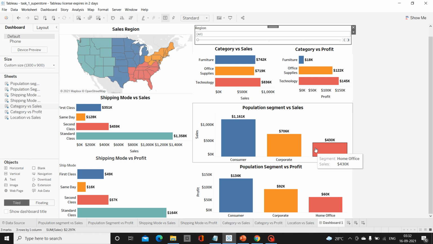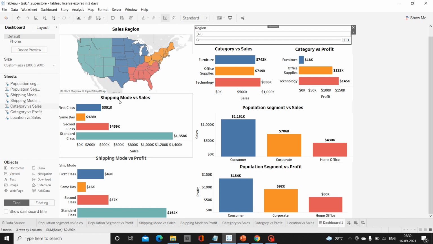So this is one of the problems, and we need to find the reason why the home office segment contributes the lowest. By solving that problem, we can increase the sales of the home office segment, which would help us increase its profit, helping us improve the overall profit earned by the company.